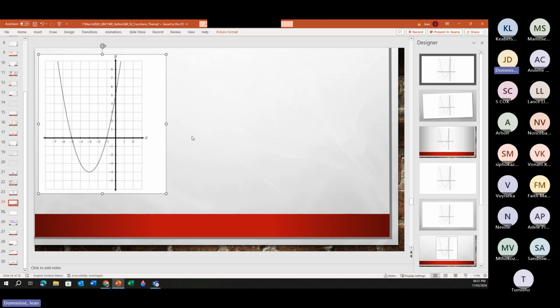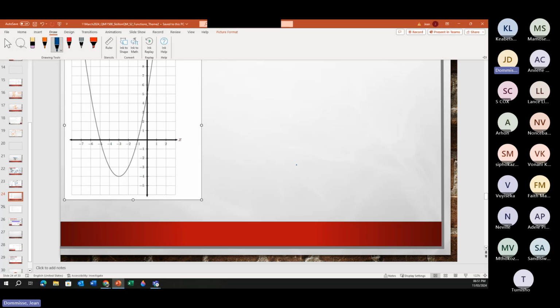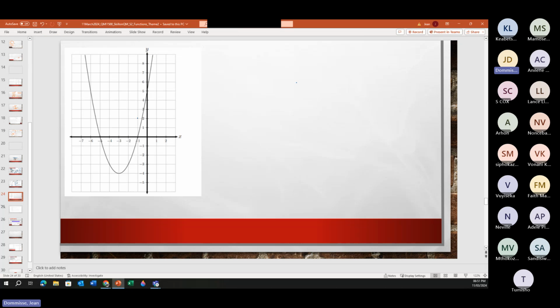Okay, so we now have the following information. So we know that the y-intercept is 5. So at least we know that the formula is, so that is already one of them.